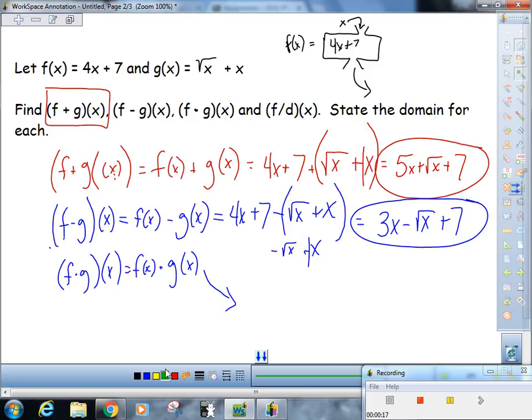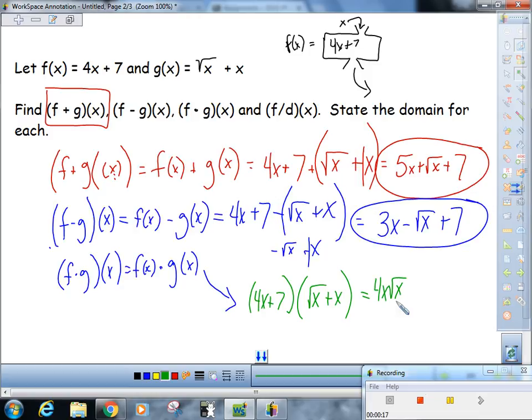So we get 4x plus 7 times radical x plus x. And now you can see how this relates to what we just got done studying. So now we have to FOIL. 4x times radical x. I'm just going to write that like this, 4x radical x. That's a fine way to write it.